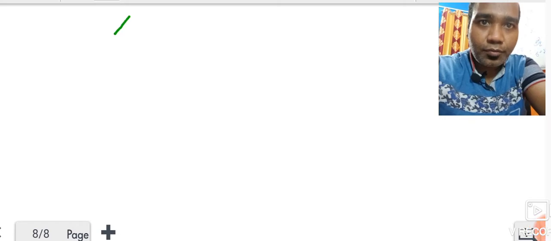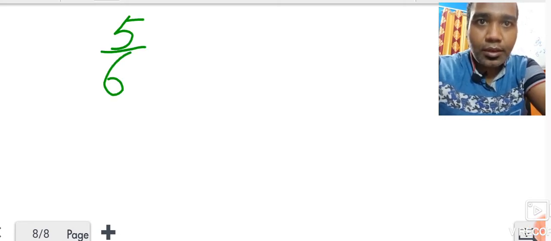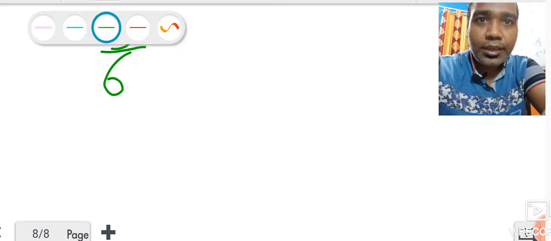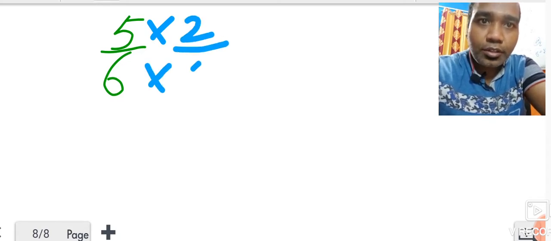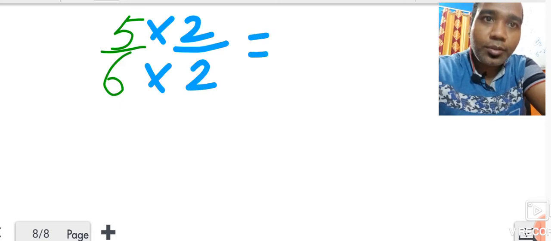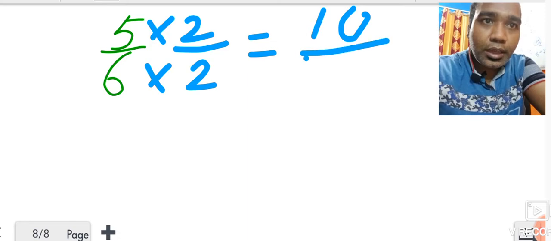We have to write equivalent fractions of 5 by 6. Now what do we know? We have to multiply the same number in the numerator and the same number in the denominator. So 2 I am multiplying in the numerator, so in the denominator also we will multiply 2. So how much will we get? 5 into 2, 10 in the numerator, and 6 into 2 here we will get 12.